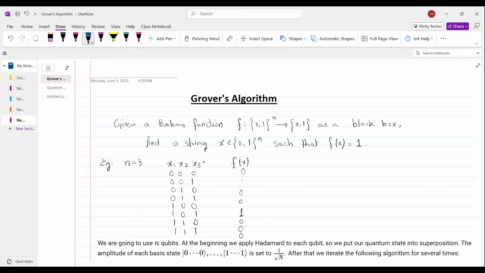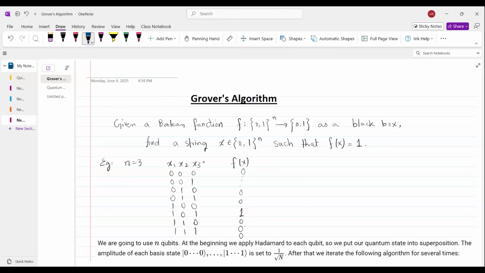This is an example of an unstructured search problem, where out of all the outputs of this function, some of the outputs are equal to 1, and we need to find out which ones. One example is when we fix the number of bits in the inputs to be 3.